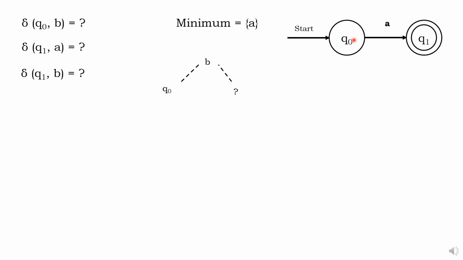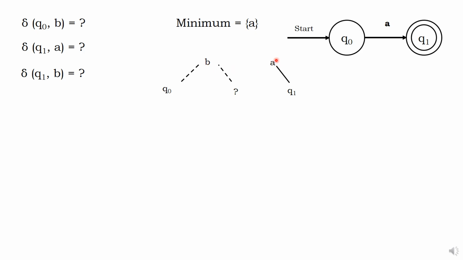For Q0, the next alphabet is A. For A, the next state is Q1. So always remember this: whatever the question is, you draw in a dotted line, and whatever the given statement is, you write in a solid line. Q0 before, Q0 after.